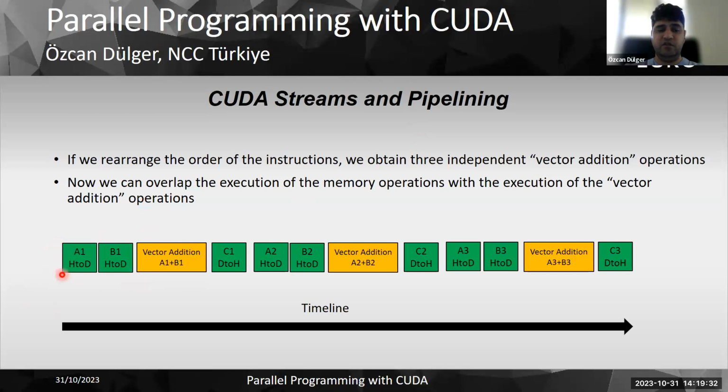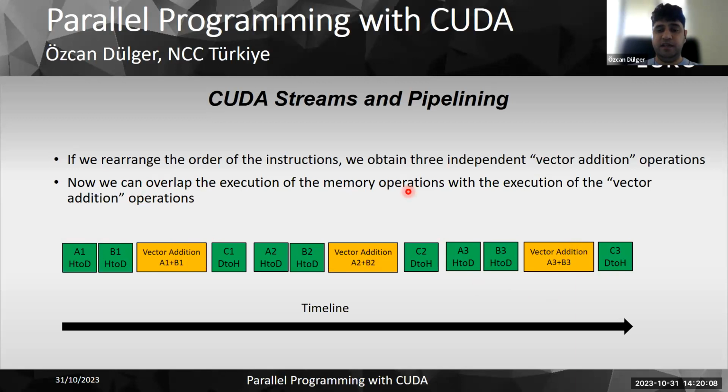The first one is for the first part of the data, the second vector addition is for the second part of the data, and the third vector addition is related to the third part of the data, and all of them are executed independently of each other. So we can now overlap the memory operations with the CUDA kernel operations.